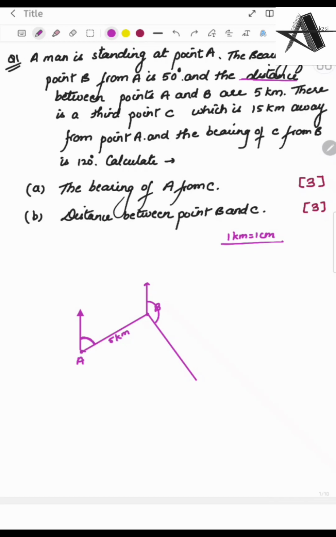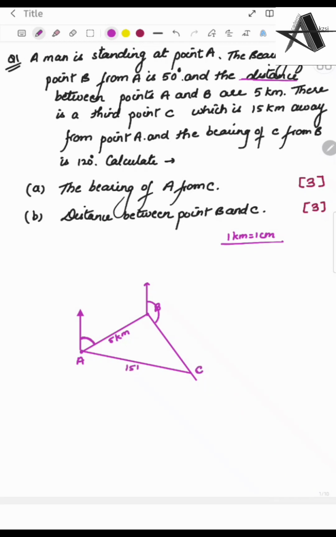So you just have to draw 15 kilometers. The best way is to use the ruler. You can adjust the angle of the ruler, and wherever the 15 centimeter line and this line intersect, that will give you the point C.